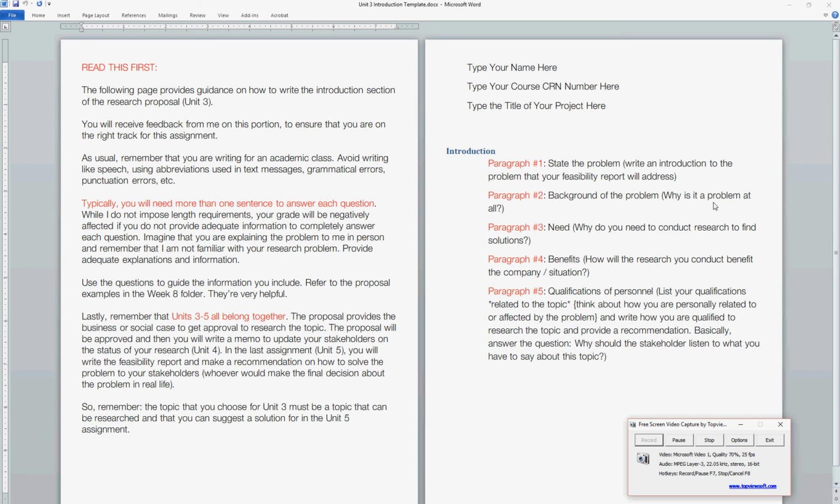So we're looking for you being able to explain why they should pick you and how you're related to the problem.